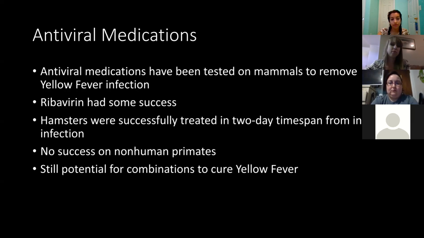Ribavirin cured the viral infection in hamsters up to 2 days after the initial infection. This is the time span before the infection reaches the liver. Although there was 0 success of infection removal in non-human primates. Regardless of this lack of success in primates, there is still potential for a combination of ribavirin and synergistic drugs to successfully treat yellow fever viral infections. Next slide.